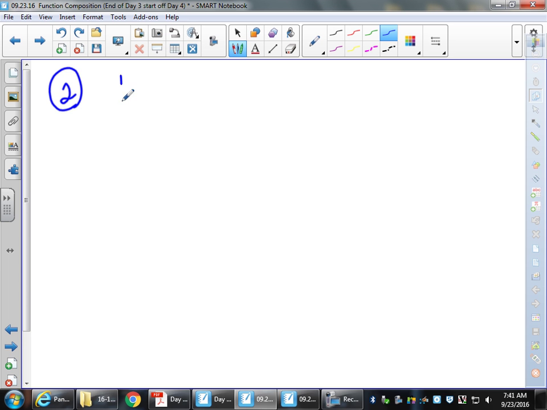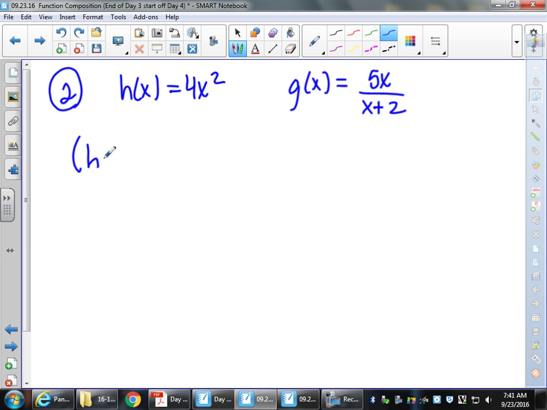Okay, so number 2 says h of x equals 4x squared. g of x equals 5x divided by x plus 2. And first we're asked to simplify this. What is this? What does this mean?